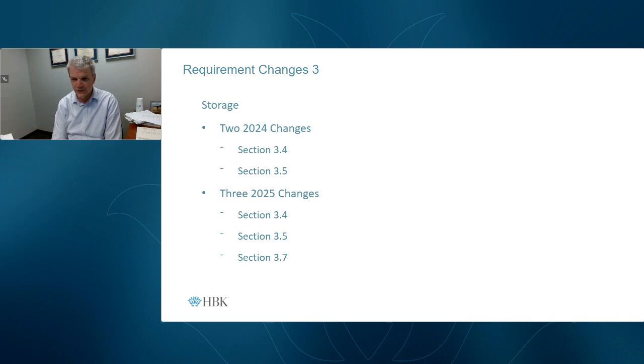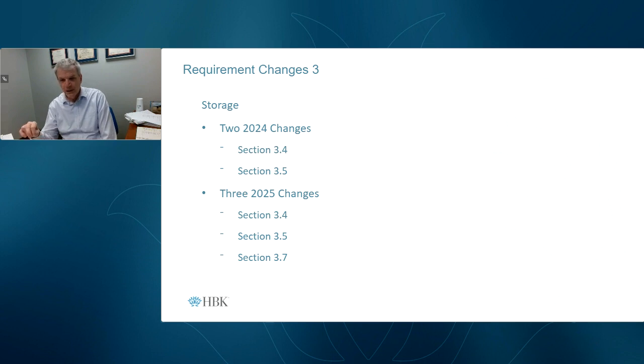So that's section 3.5. And then there's 3 changes that go into effect for 2025. 3.4 deals with copying and pasting when you're on a remote session, and prevents that from happening. Section 3.5 of requirement 3 on storage deals with cryptology, so that's hashes and encryption. So there's some specifics with that.